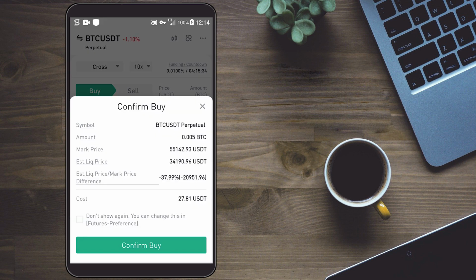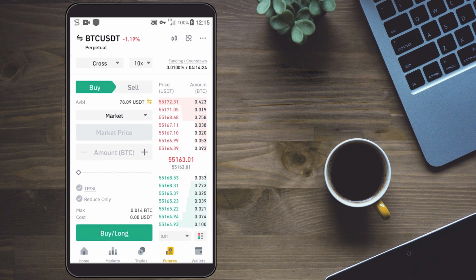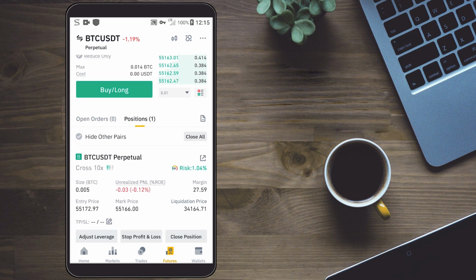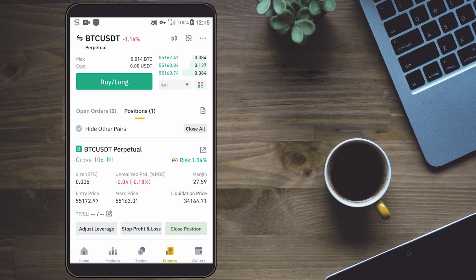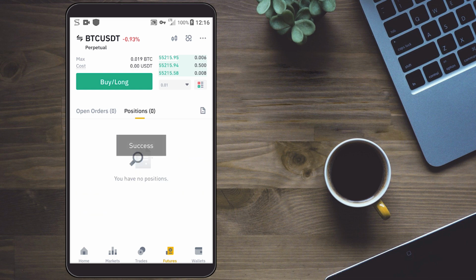It shows the amounts, mark price, estimated liquidation price, and how much it costs. We confirm, and here in the positions we have a long position and the information related to open positions, as you can see. Let's close this position, confirm sell, and the position is closed.